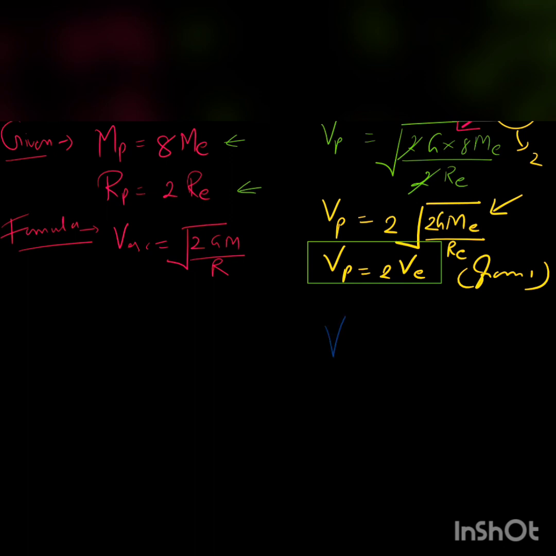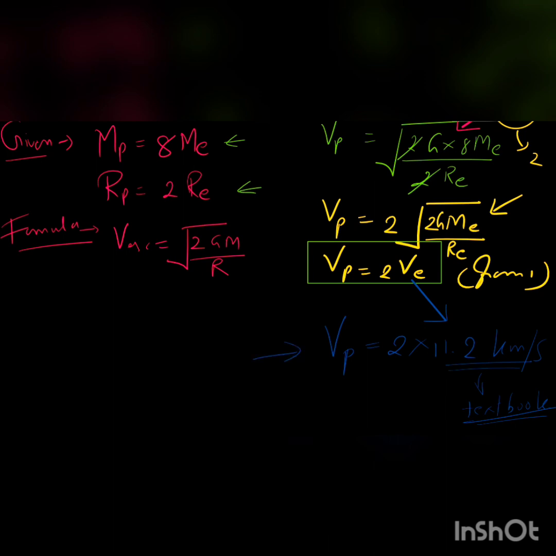So escape velocity for the planet equals 2 times escape velocity for earth, which is approximately 11.2 kilometer per second. This is in your textbook, right? We need to learn these important values.